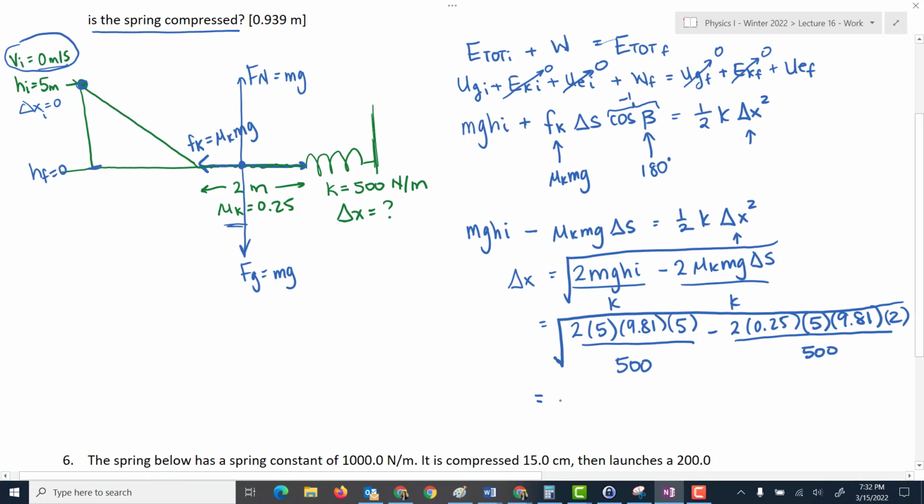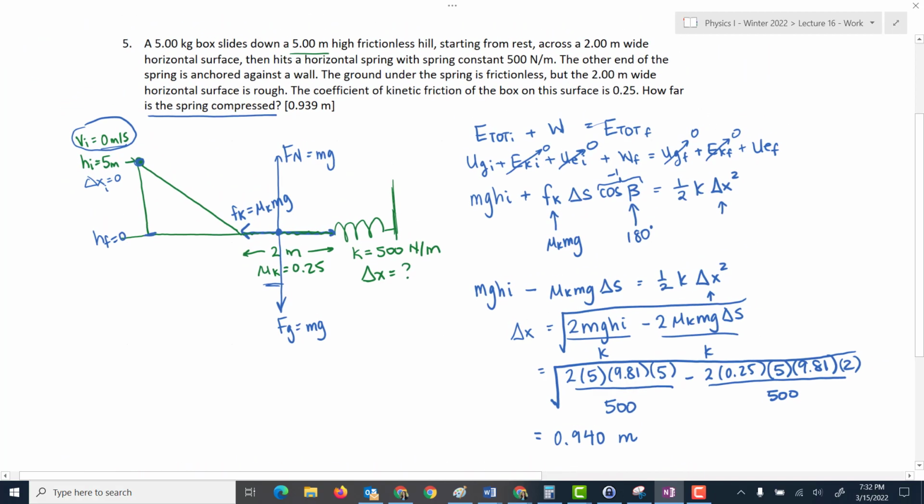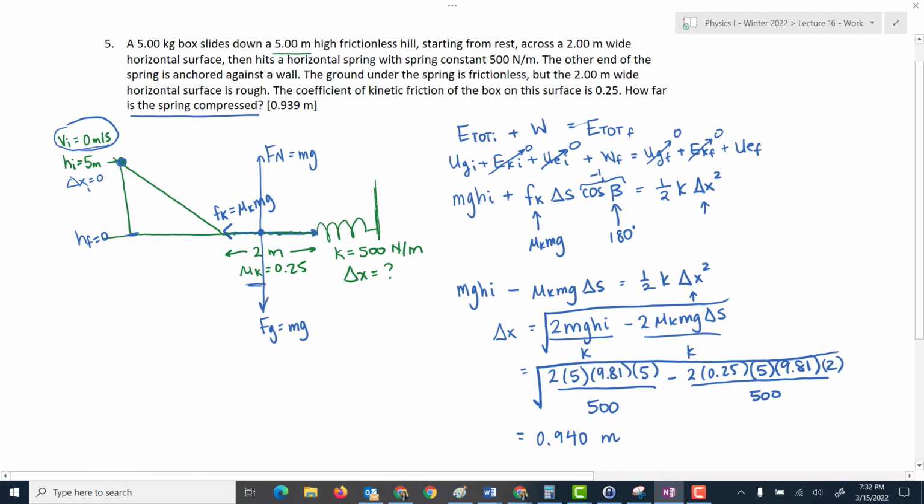I get 0.9396, which is 0.940 if I was to round it, and that would be meters. So it asks how far did my spring get compressed, and I would say it gets compressed 0.940 meters.